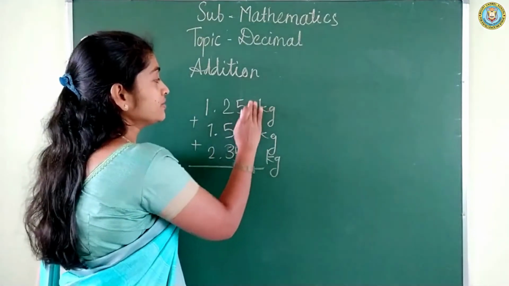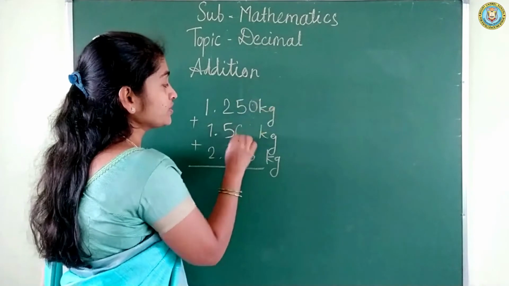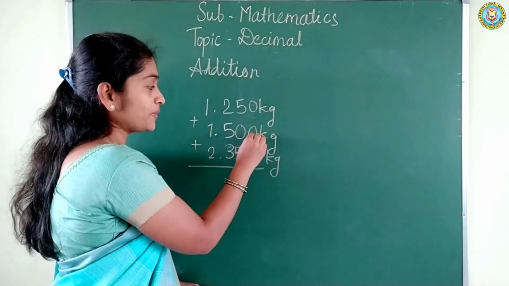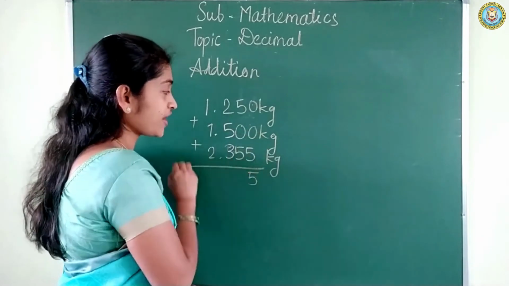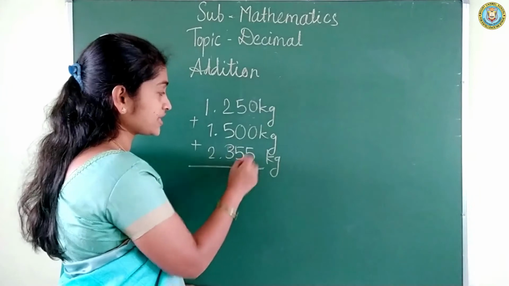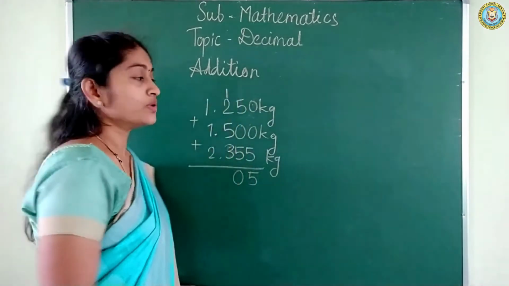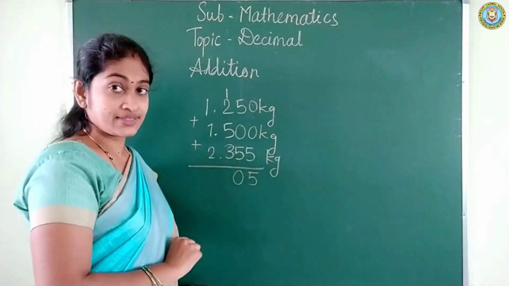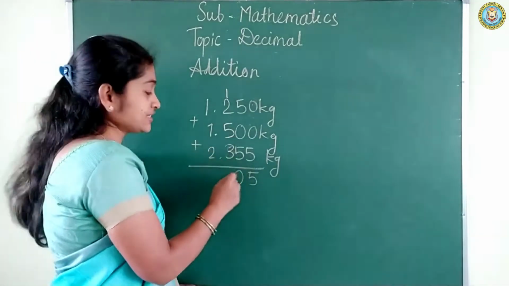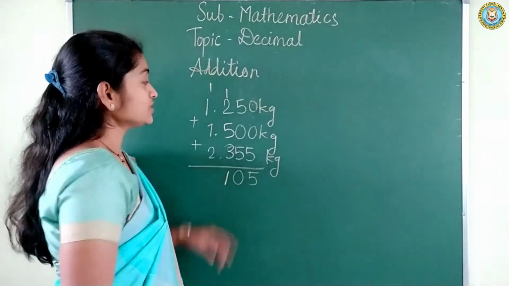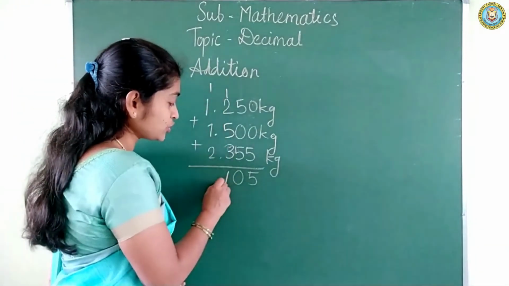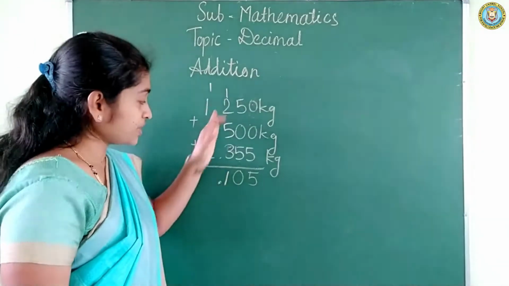See, here nothing is there, so we can put 0. Okay, and now we can add 0 plus 0 plus 5. That is 5. 5 plus 0, 5 plus 5, that is 10. 1 goes up to 2. 2 plus 1, 3. 3 plus 5, 8. And 8 plus 3, that is 11. So 1 goes here. And after the decimal, we should put the decimal point below the decimal.